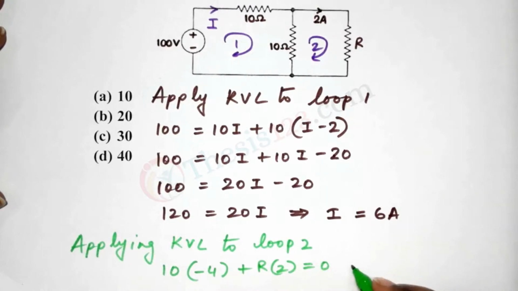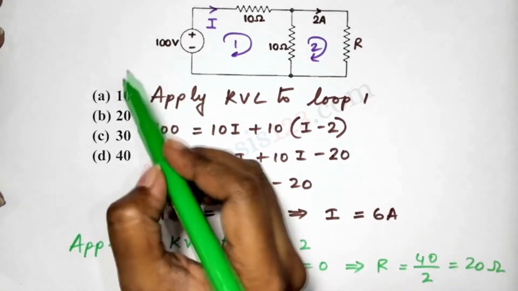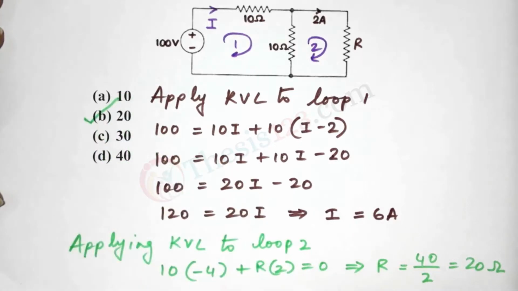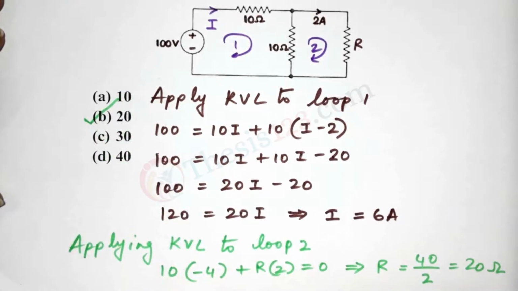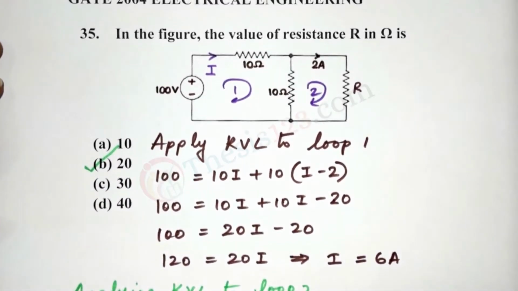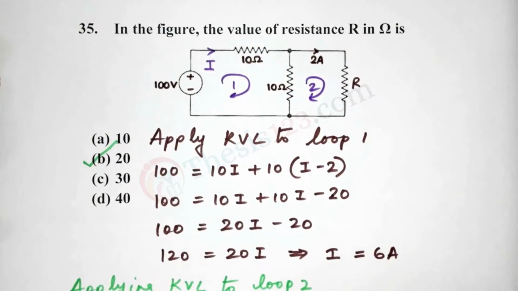Now solving for R, you will find the value of R to be 40 by 2, which is 20 ohms. And this matches option B. So here, the value of R in this portion of the figure is 20 ohms.